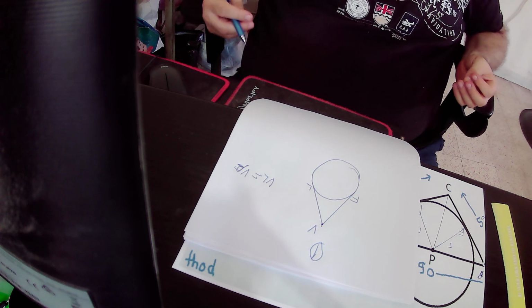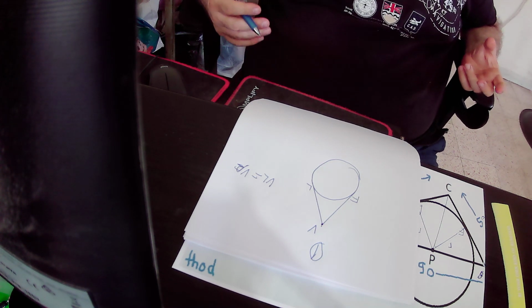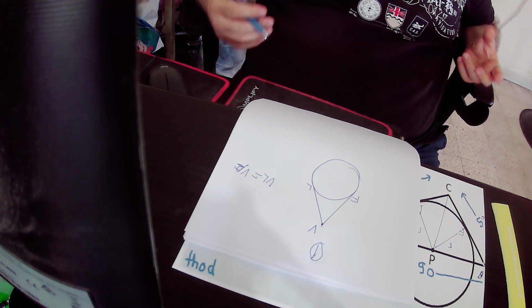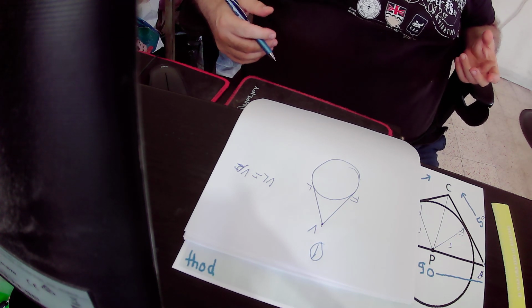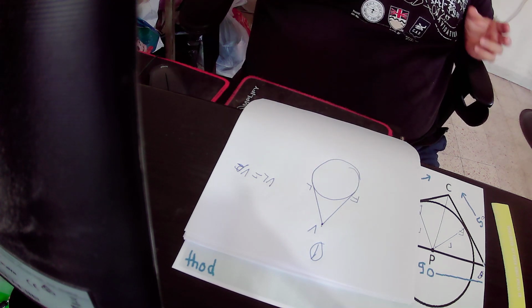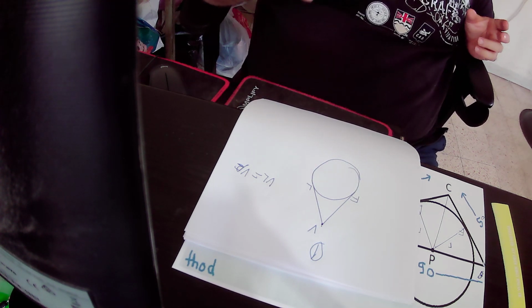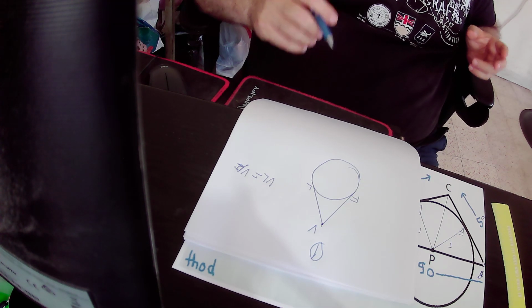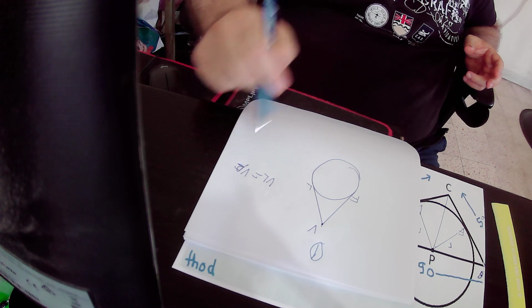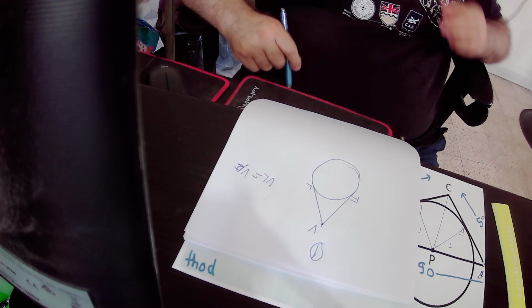So if you have a circle and from an external point of that circle you draw two tangents to the circle, then those two tangents are equal to each other. So VL equals VF.